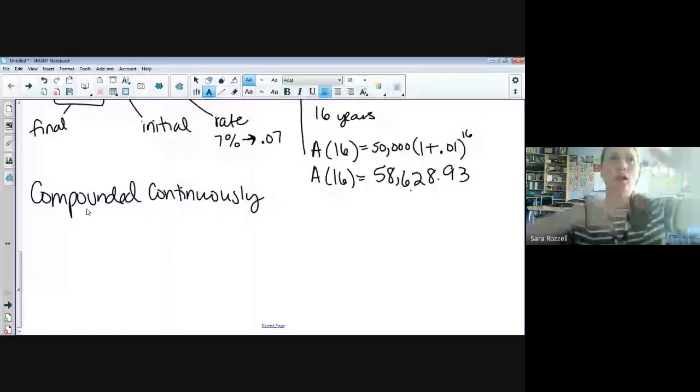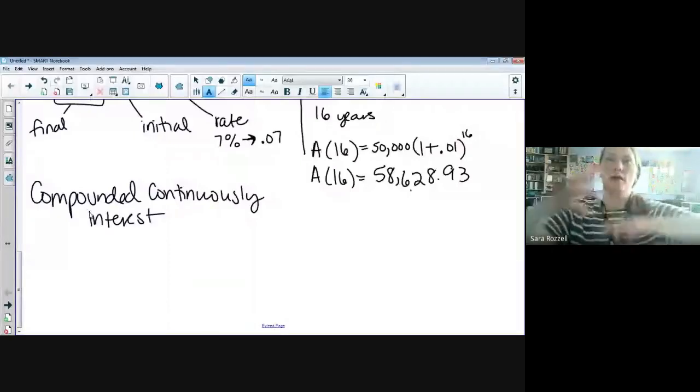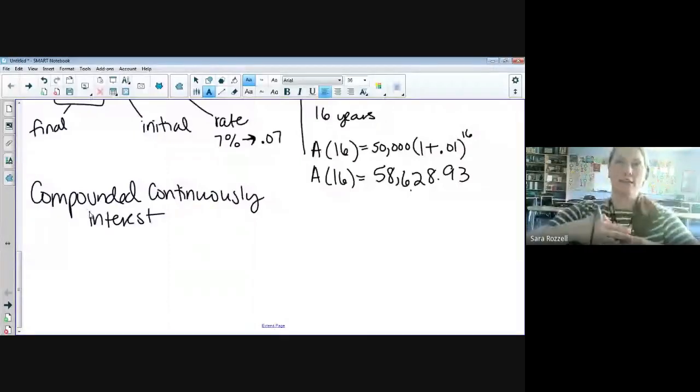That means that all of the time, your money is making money on itself and then adding that money back to the pile and then making more money on that and then adding it back, but it's doing it all the time instead of what our other situation was where we did it at the end of the year.